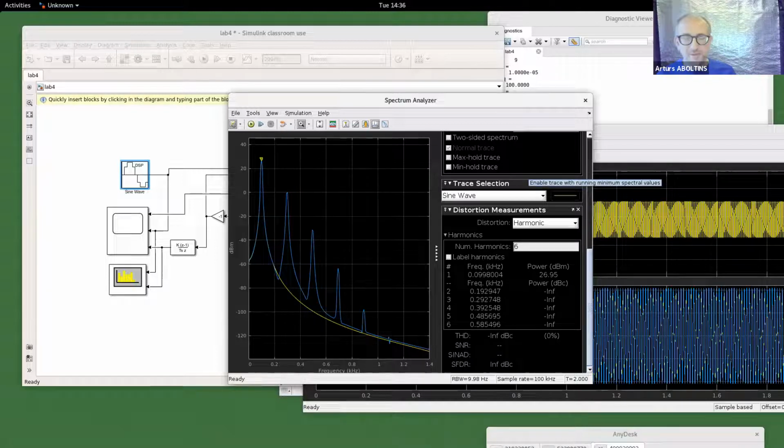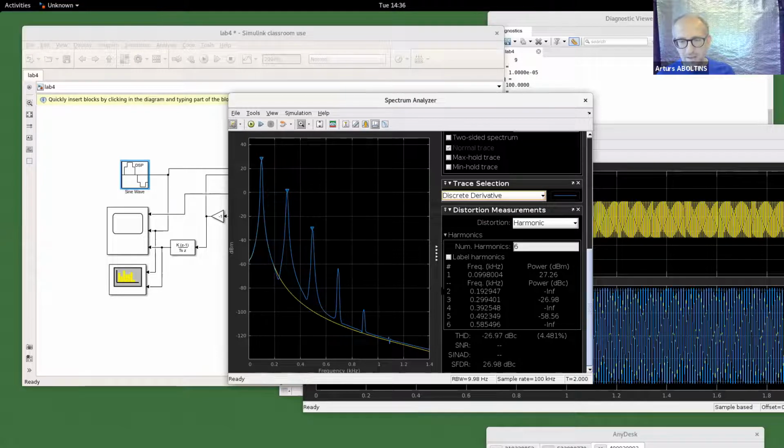Okay, but because we are measuring this yellow signal, it says that THD is 0, that means it's a perfect signal. But we have to analyze this blue one, the discrete derivatives, the signal coming from the PLL.